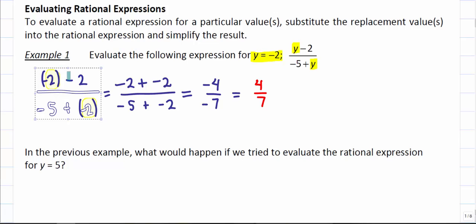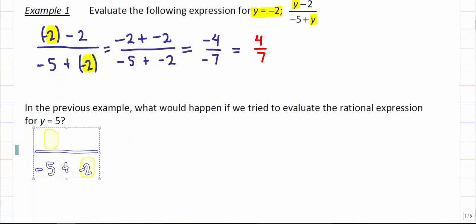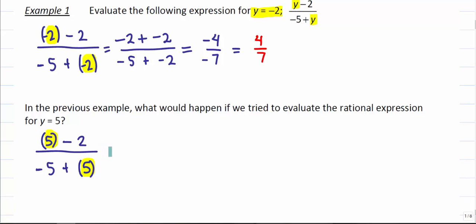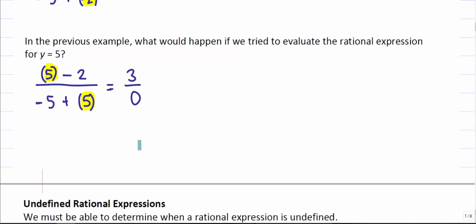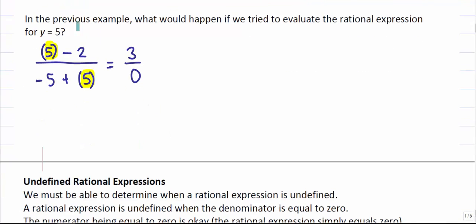If I were to come in here, and instead of plugging in -2, I plug in 5, the numerator 5 minus 2 is just 3, and the denominator would be -5 plus 5, which is 0. And there's a big problem with that because we cannot divide by 0.